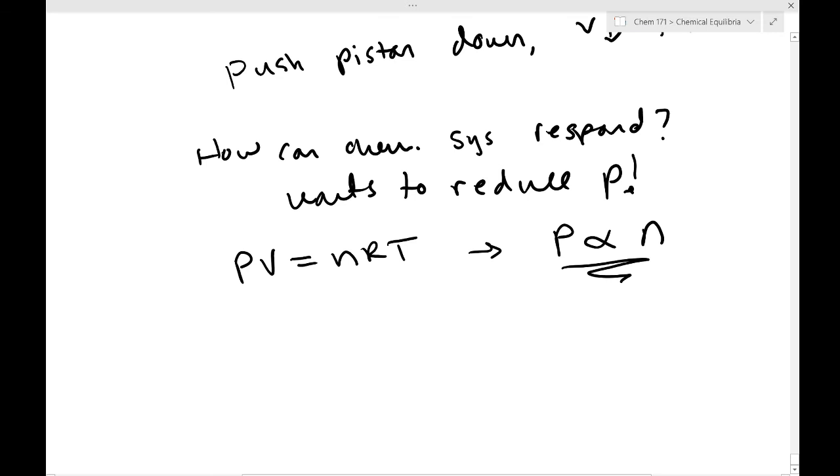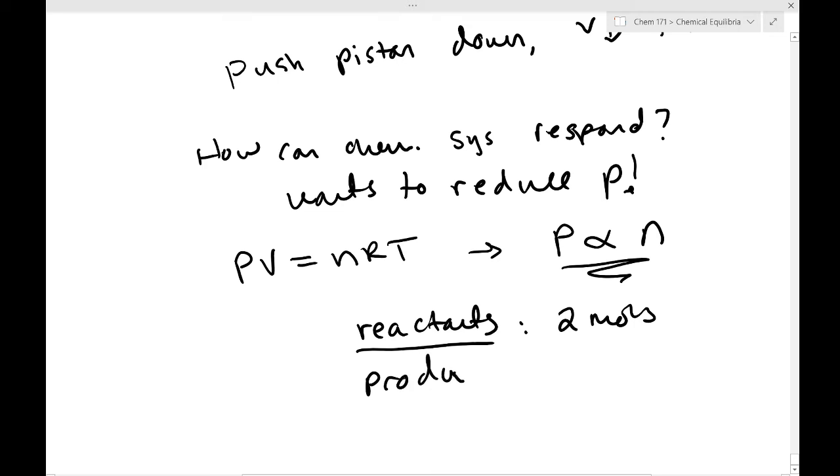Okay? Since pressure is directly proportional to the number of moles, we can look at the number of moles that each side of the reaction has. So the reactants have, 2 moles? And the products, oh no, sorry, I'm backwards. Reactants have 4 moles.